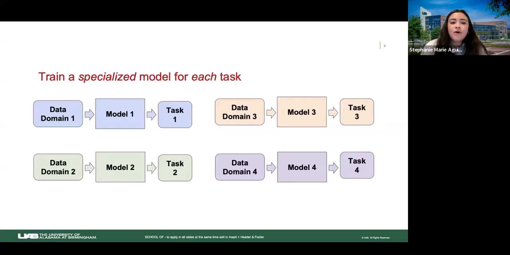But you always have some data domain, whether it be text, image, voice, or a video in itself, all compounding to get and do a task. So when you're thinking about these large language models, these are specialized models for these different tasks, whether it be to output text or a combination of both image and text.